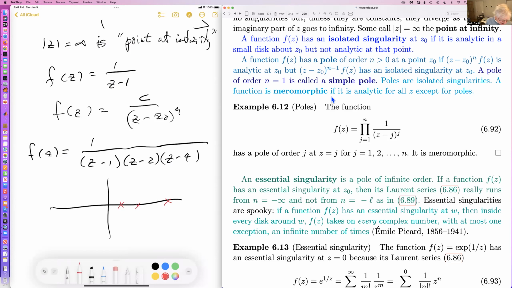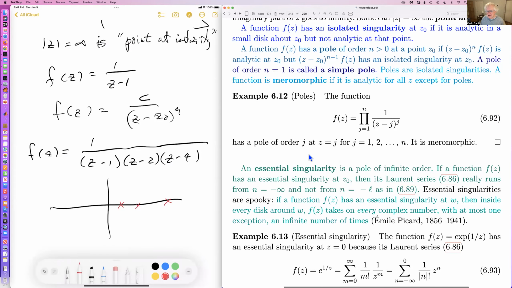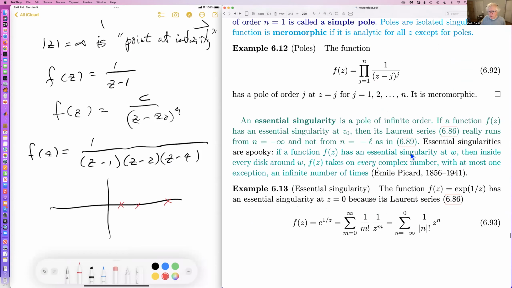Meromorphic is a term of the same genre as holomorphic, meaning entire. These both presumably come from Greek roots, holo meaning everywhere and mero meaning somewhere. I don't remember those Greek roots. I don't think I ever learned them, actually. Anyway, here's a function that has a pole of order j at z equal to j. That's a meromorphic function. Okay.